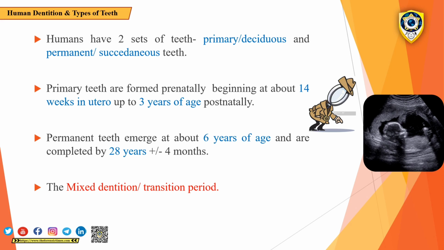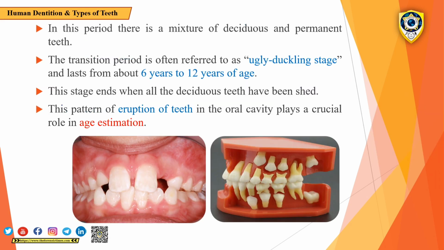So when the permanent teeth begin to erupt into the mouth, that phase is known as your mixed dentition phase or the transition period. Why is it called this? This is because in this period, there is a mixture of both your primary and your permanent teeth inside your oral cavity. This transition period lasts from 6 years to 12 years of age.